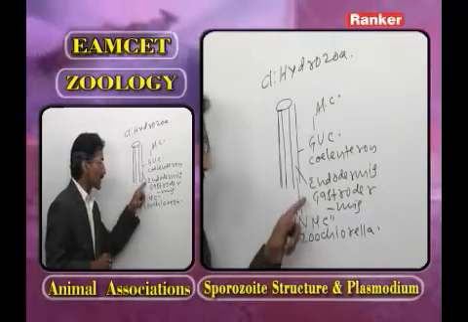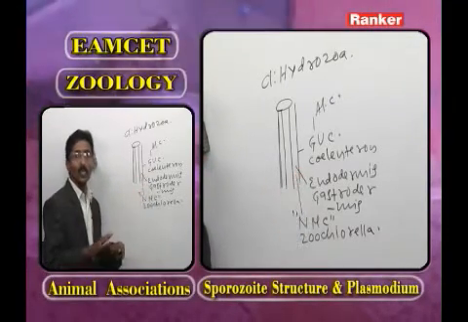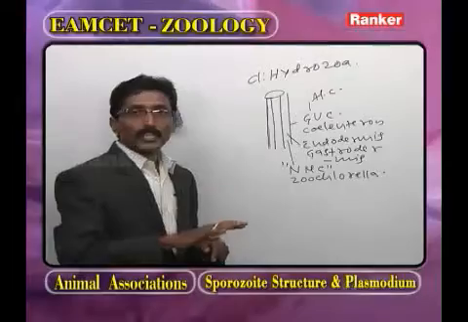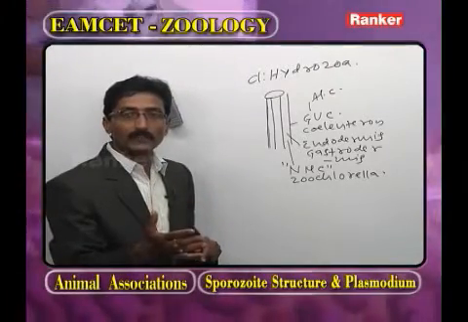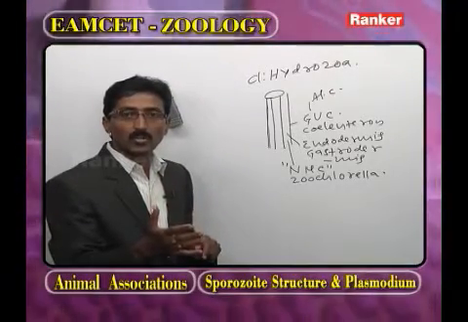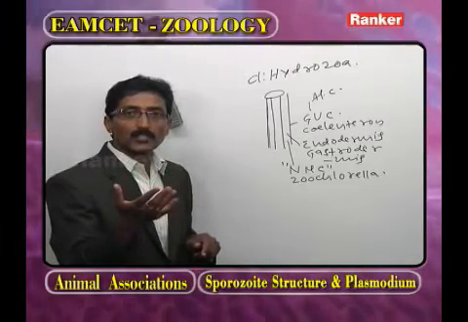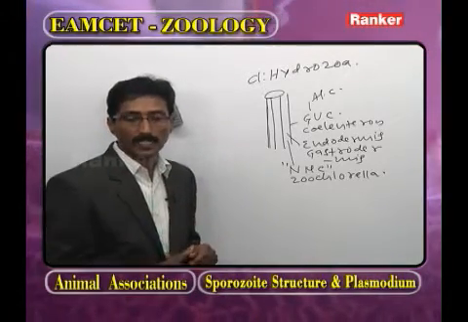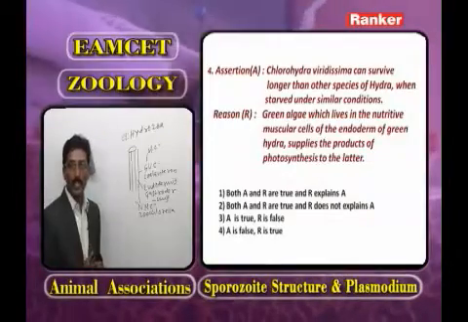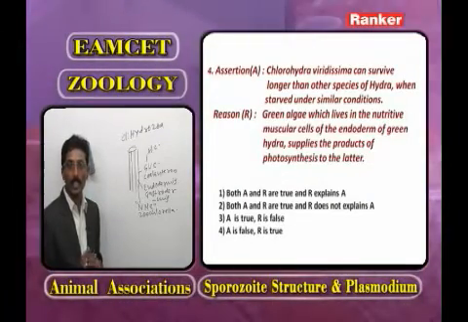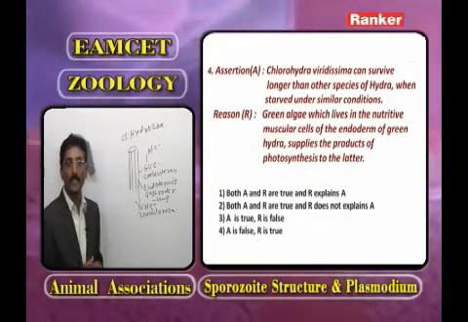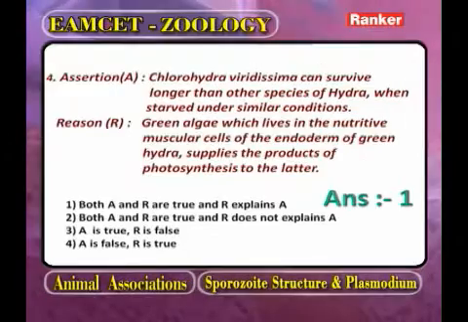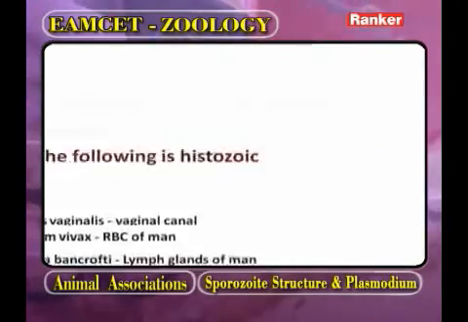Those food materials are supplied to the chlorohydra. So even in starvation, in the class Hydrozoa, which species is going to survive? Chlorohydra viridissima. So the answer for this question is that both are correct, which explains A. Now we go for the next question.